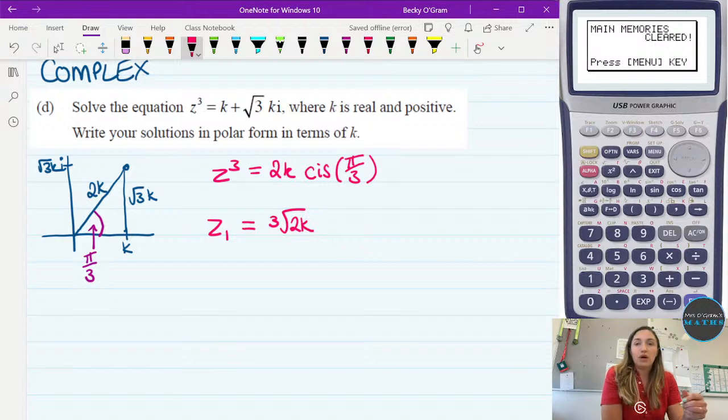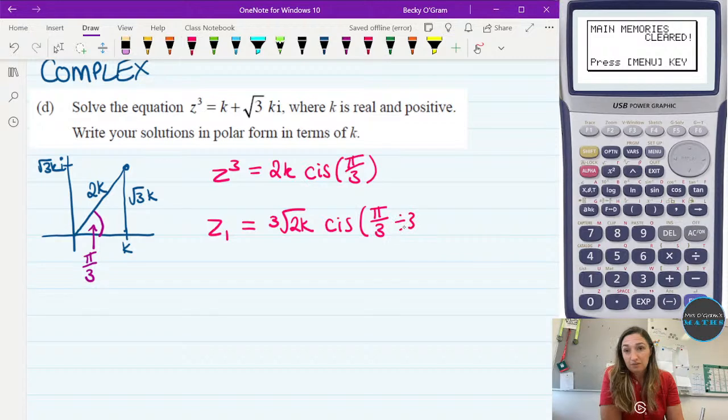So when we're cube rooting complex numbers that are in polar form, we cube root the modulus and we divide the argument. So the argument now will be pi by 3 divided by 3, which is going to be pi by 9.